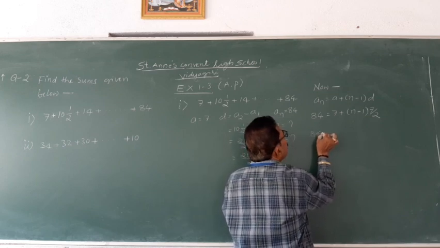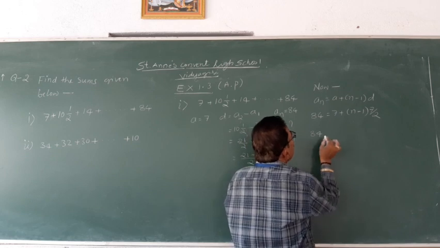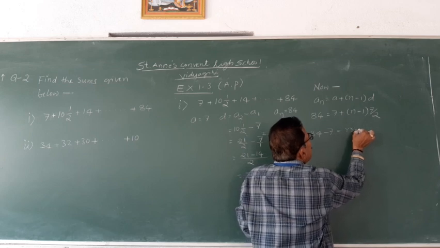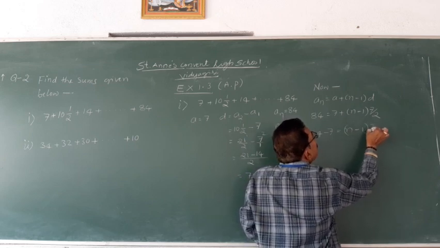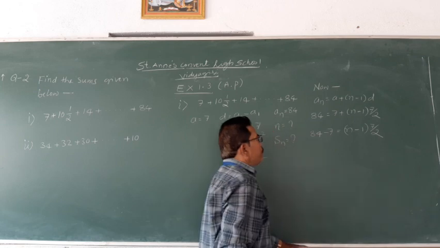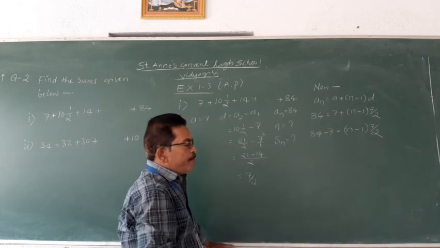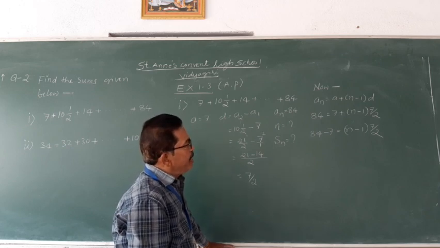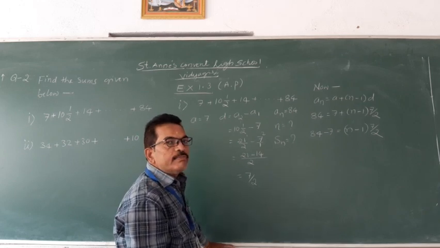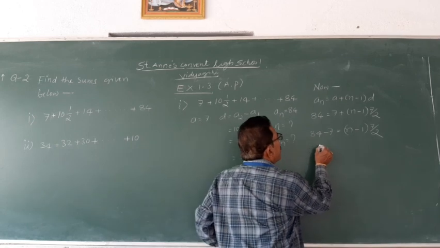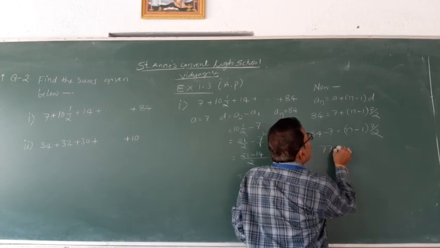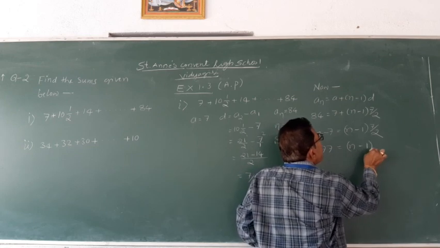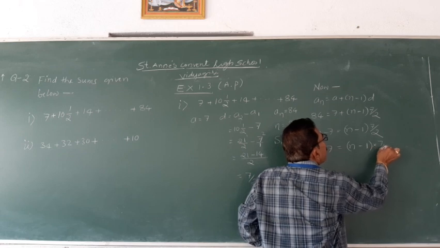84 minus 7 equals (n minus 1) into 7 by 2. 84 minus 7 is 77. So 77 equals (n minus 1) into 7 by 2.